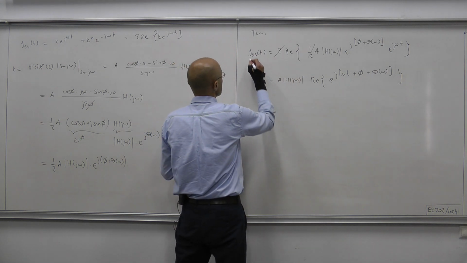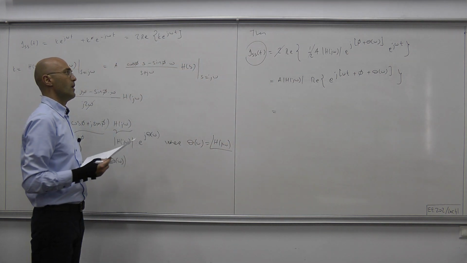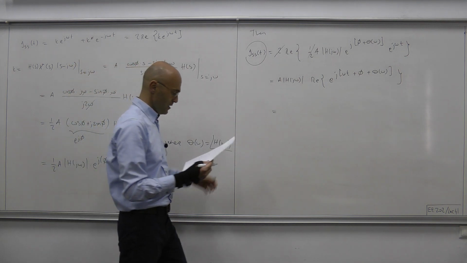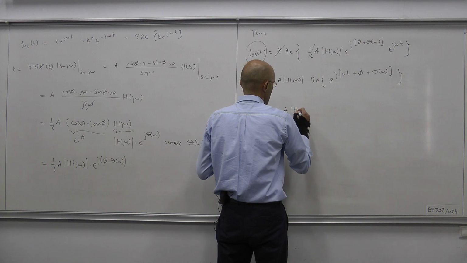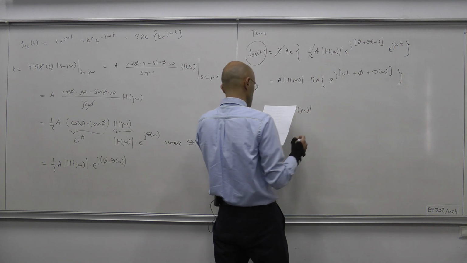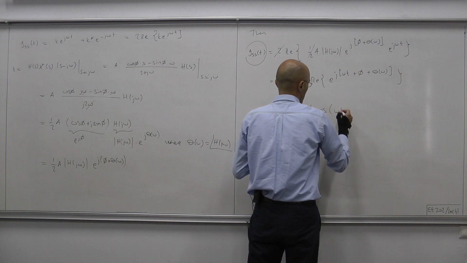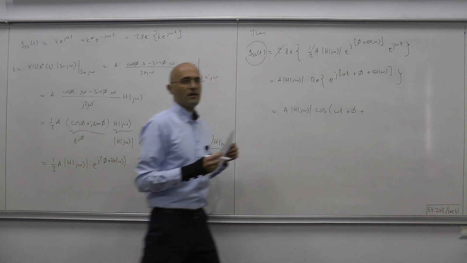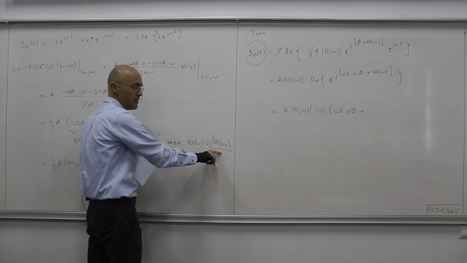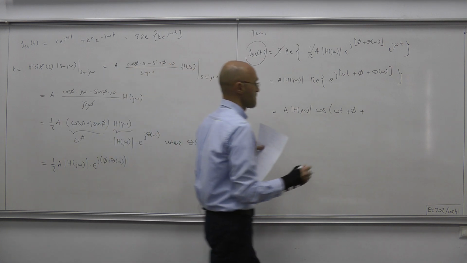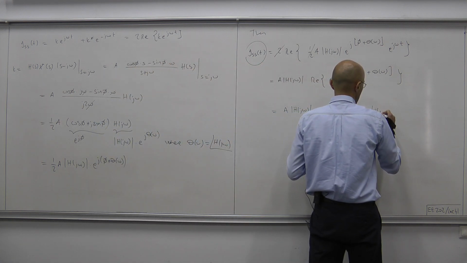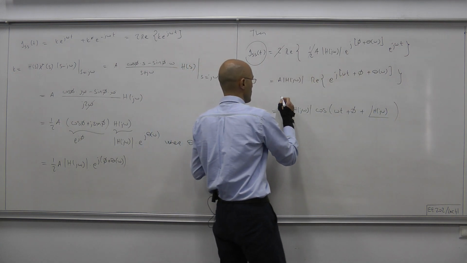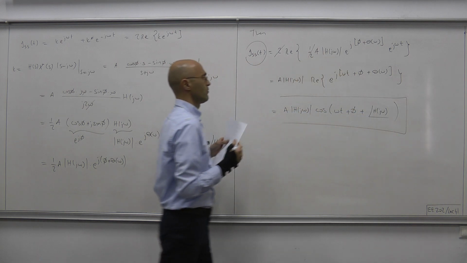Therefore, the steady state solution for our circuit in terms of the transfer function is A times the magnitude of H(j omega) times cosine of (omega t plus phi plus theta of omega), and theta of omega was the phase of H(j omega).